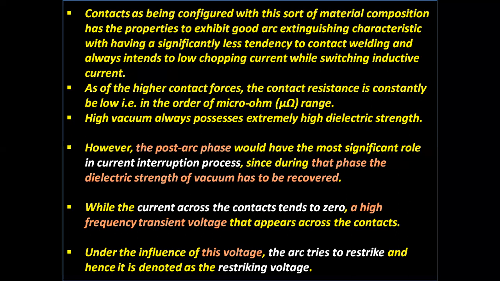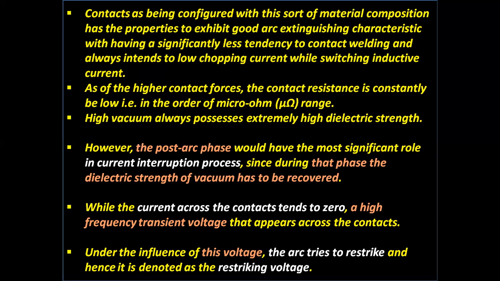However, the post-arc phase has the most significant role in the current interruption process, since during that phase the dielectric strength of the vacuum has to be recovered. While the current across the contacts tends to zero, a high frequency transient voltage appears across the contacts.